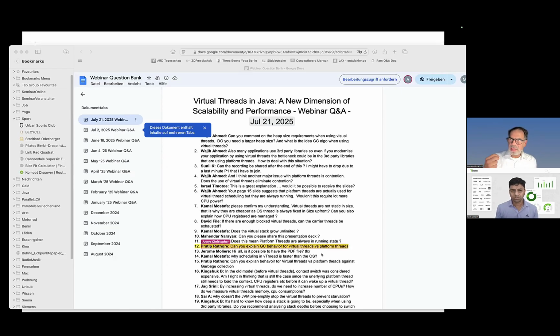And scheduling of a virtual thread is just a method call in the JVM. CPU and operating system are not involved. It's just another method being executed. So it's just one jump for the CPU. That is much, much, much cheaper.